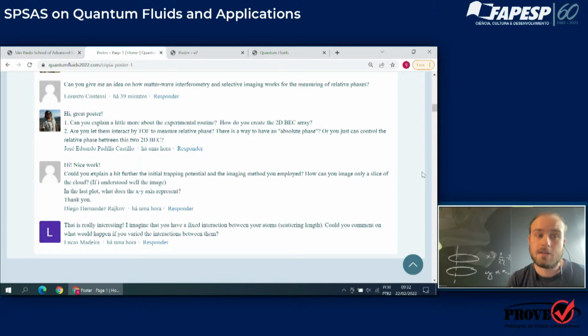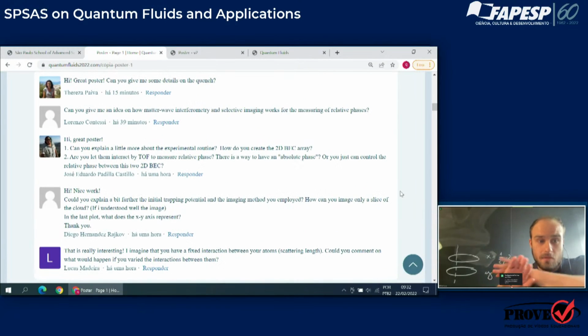There it's extremely essential to control the relative phase everywhere. However, in our case, if there is a global relative phase between the two clouds, which is the same throughout the whole cloud, we would just see it as a shift in the fringe pattern. But what we're interested in is how wavy that pattern is, so they are two completely different observables.